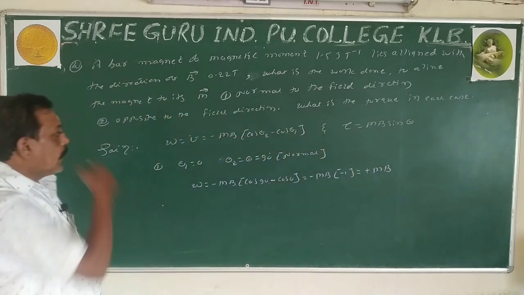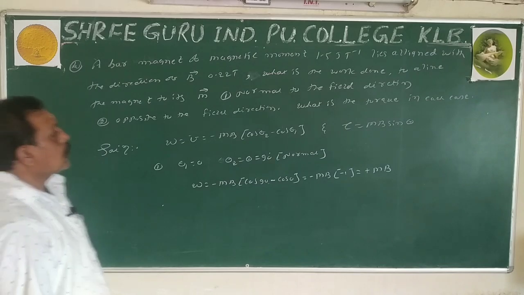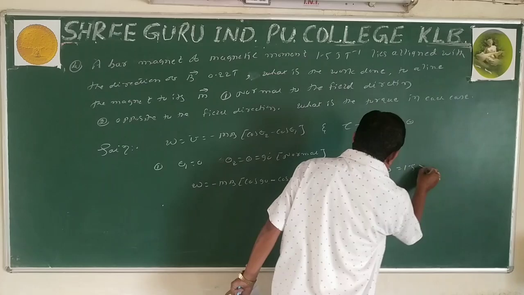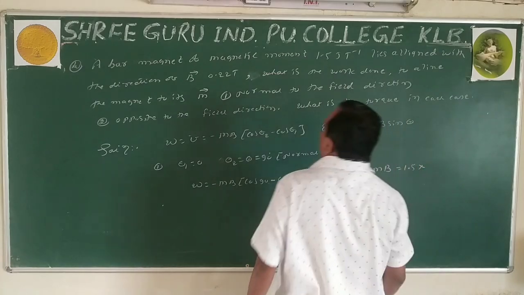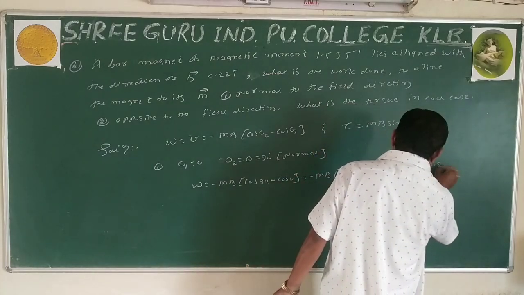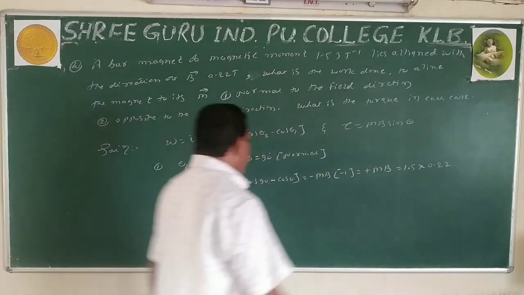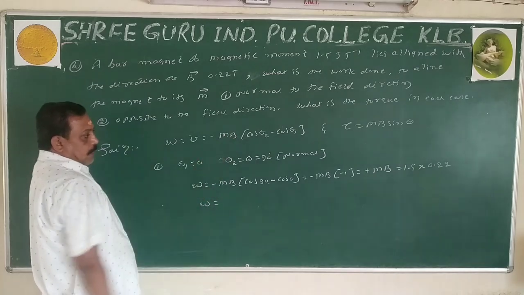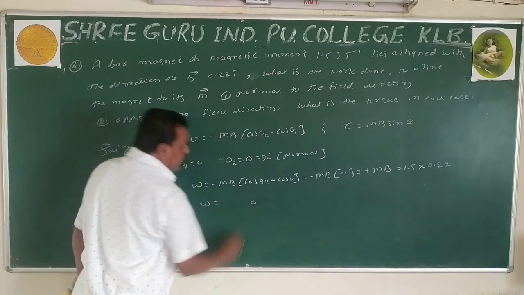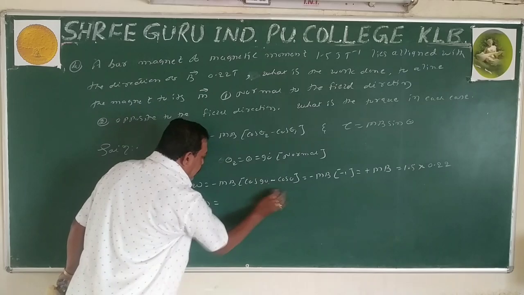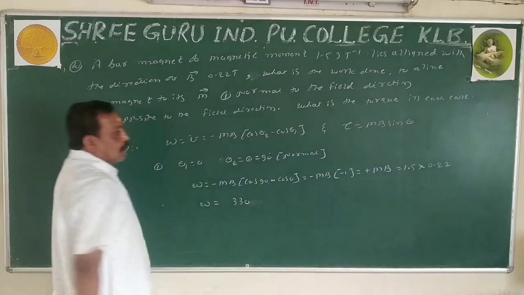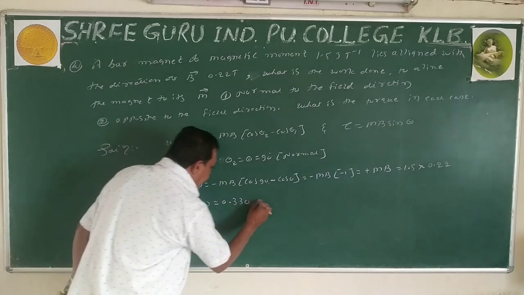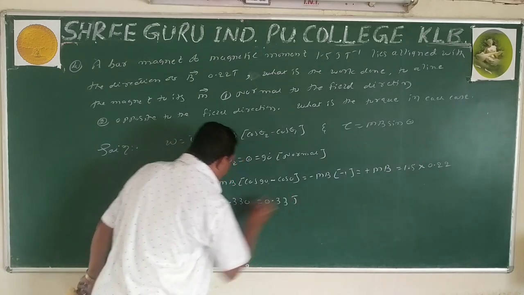Then what are the values? m is 1.5, magnetic field is 0.22. 15 twos are 30, plus 3 is 33, so 330. How many places? 3 places. So 0.33, that is 0.33 joule.